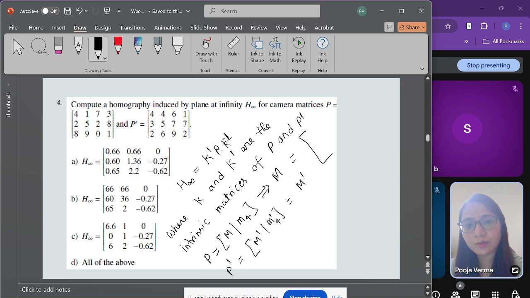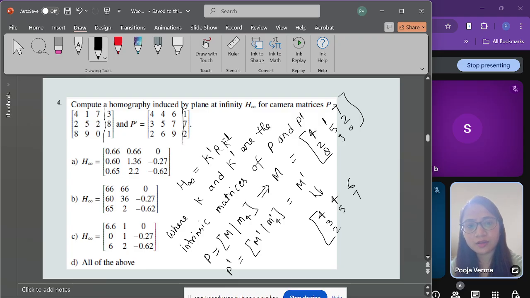So how can we represent it? In this form, it is a 3 cross 3 matrix. For M we can represent it as 4 1 7, 2 5 2, 8 9 0, and for M dash similarly we can represent it as 4 4 6, 3 5 7 and 2 6 9. Here, sorry, instead of K you can write M or M dash inverse.